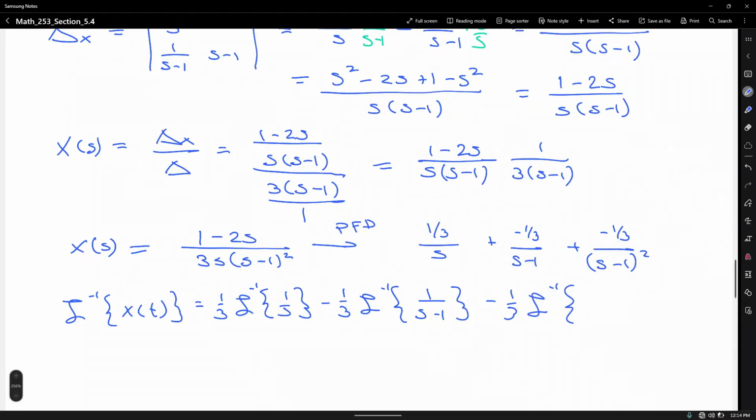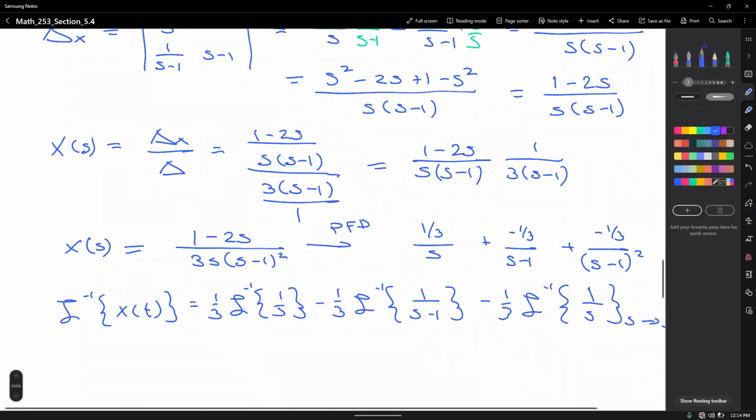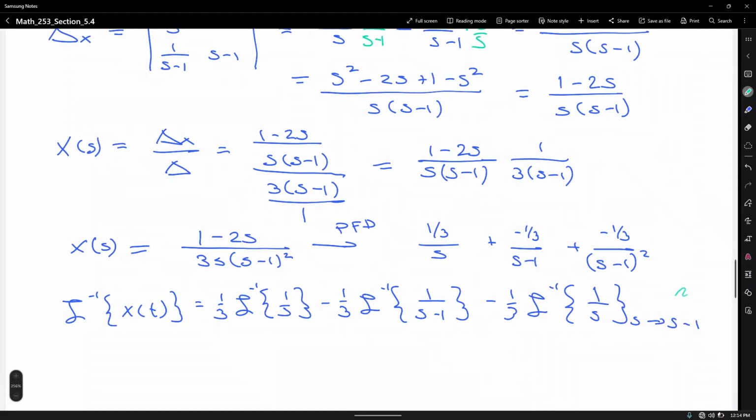Actually, that should remind us of the first shifting theorem, which is 1 over s with s going to s minus 1. This shifting factor will mean a factor of e to the t upon performing the inverse transform using the inverse form of the first translation theorem.